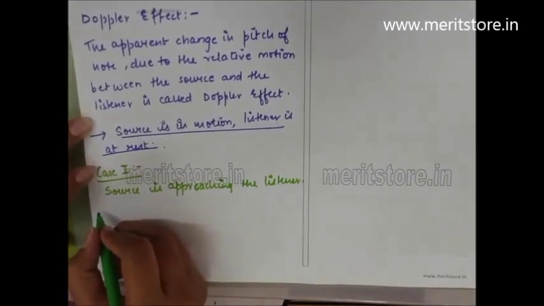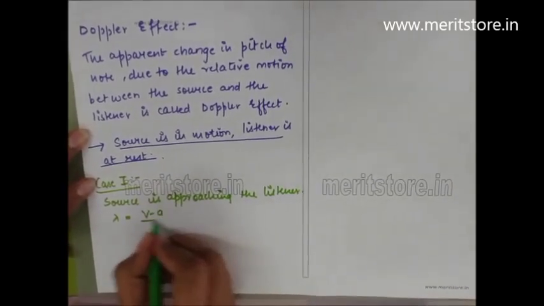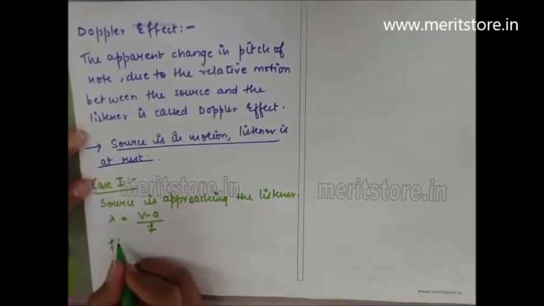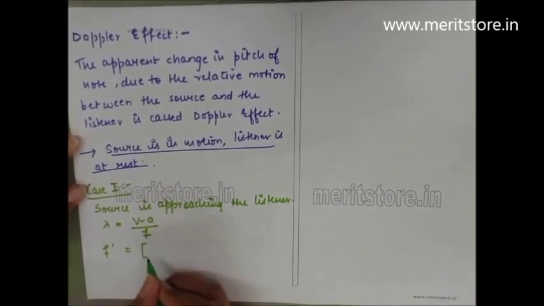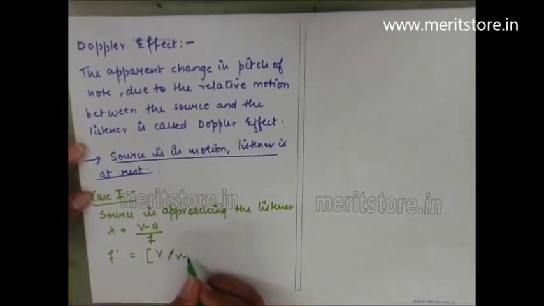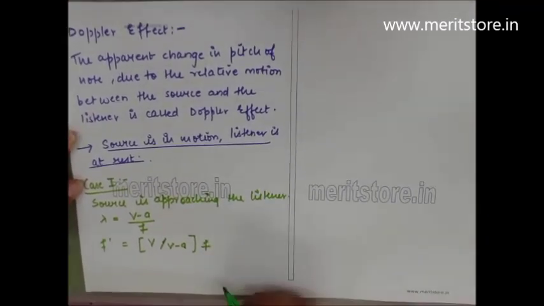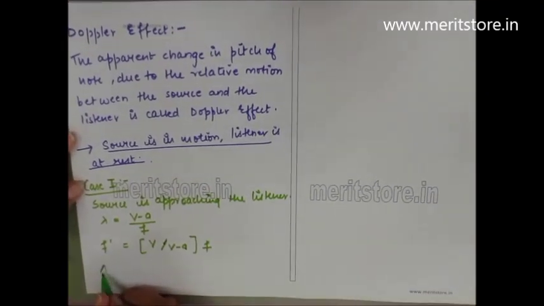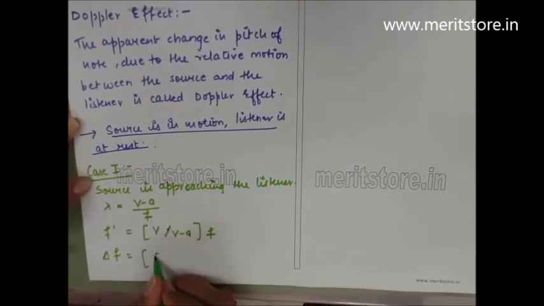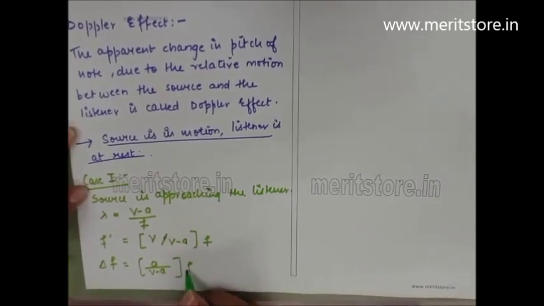The modified wavelength would be lambda is equal to v minus a divided by f. The apparent frequency, that is f dash, will be v divided by v minus a multiplied by f. The change in frequency, that is delta f, would be given by a divided by v minus a multiplied by f.